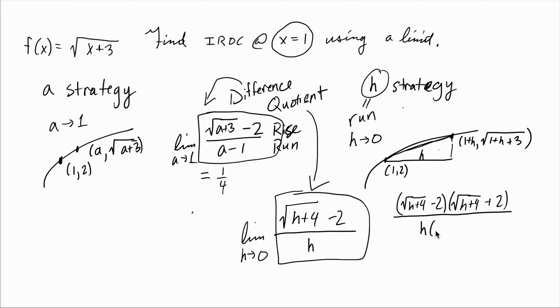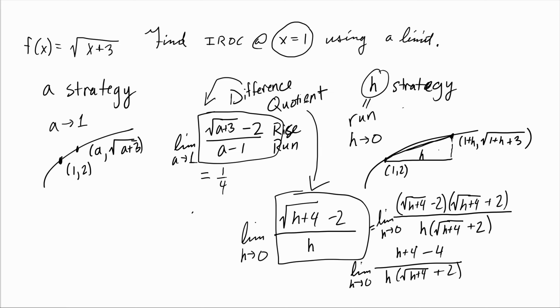We have h, and then we have square root of h plus 4 plus 2, and that's going to be equal to the limit of this as h approaches 0. Notice on the top we're going to get h plus 4 and then minus 4, because it's this thing squared minus that thing squared. And then the bottom we have h times the square root of h plus 4 plus 2, and make sure to put your limit symbol in there as well so you know what you're doing.